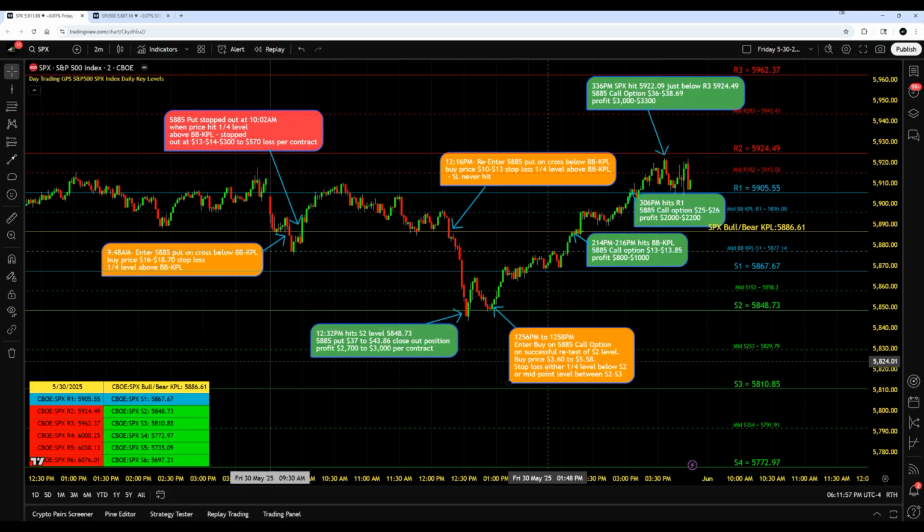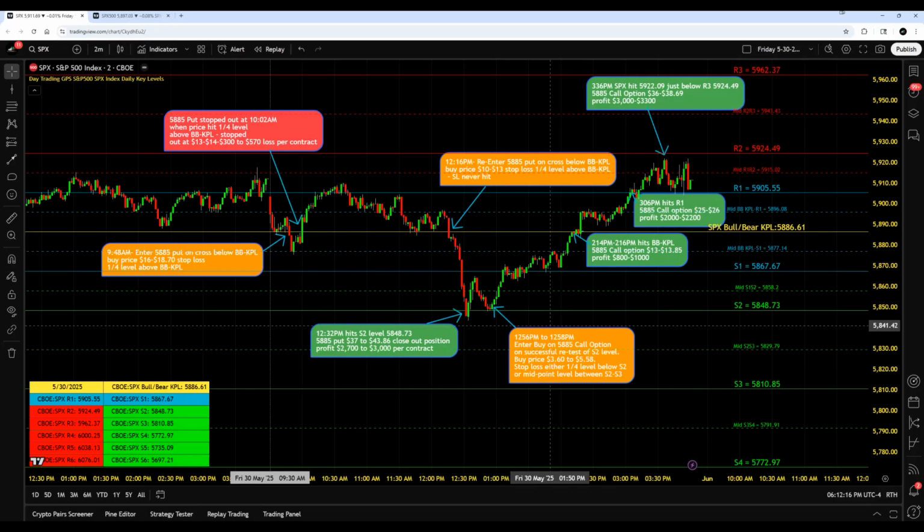Alternatively, because the options were not really that expensive, you could look at putting the stop loss even down here at the midpoint between S2 and S3.